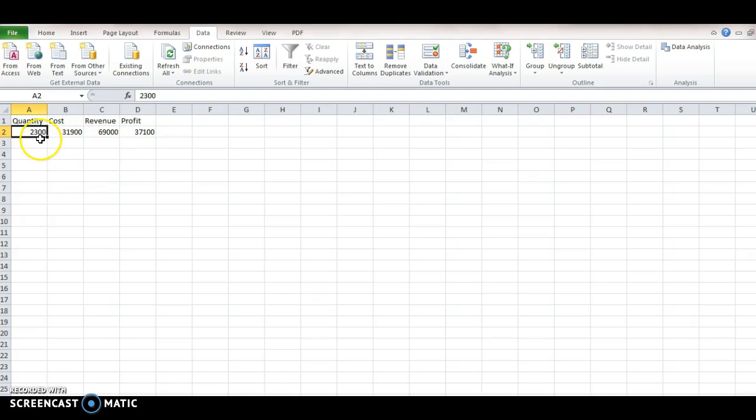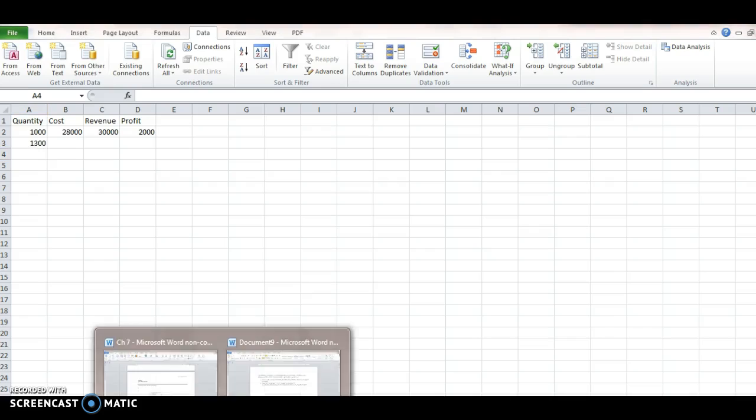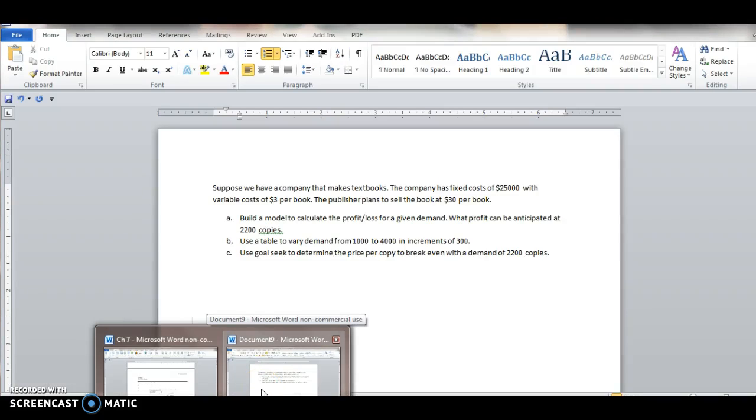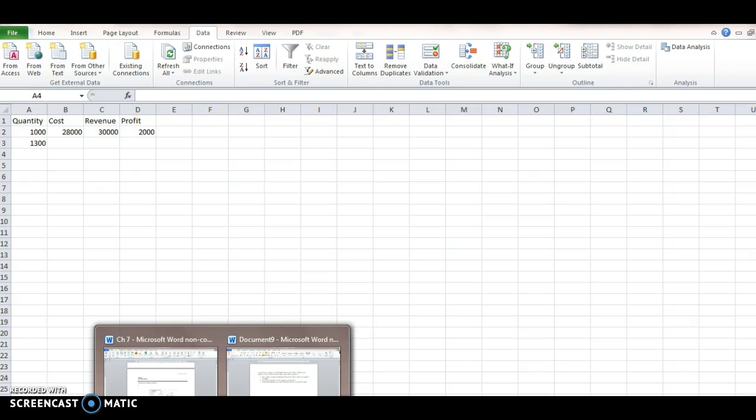So I'm going to change this quantity to 1,000, and you'll notice that the cost and revenue change because each one of those formulas was in terms of the cell A2. And then to get the next cell, we just want to do the previous cell plus 300. And then we just want to scroll down until we get to 4,000.